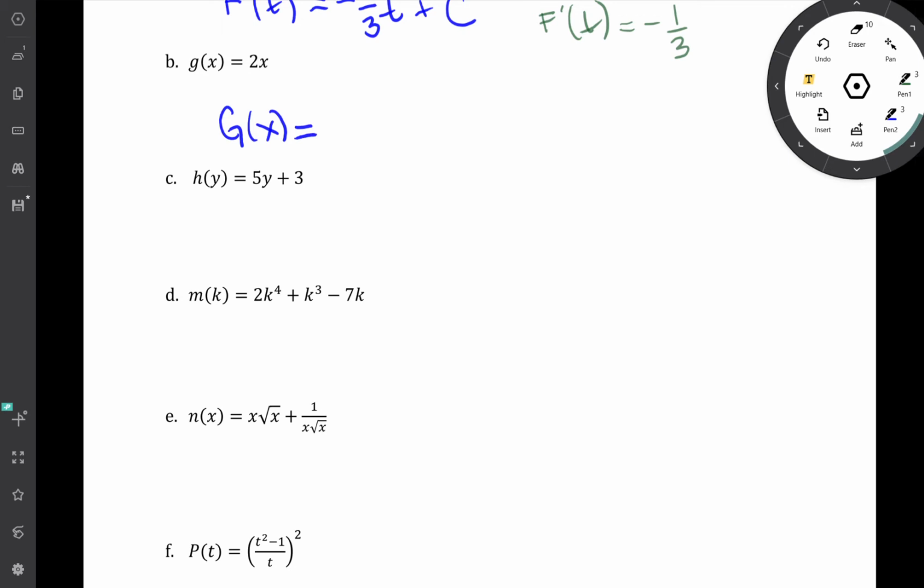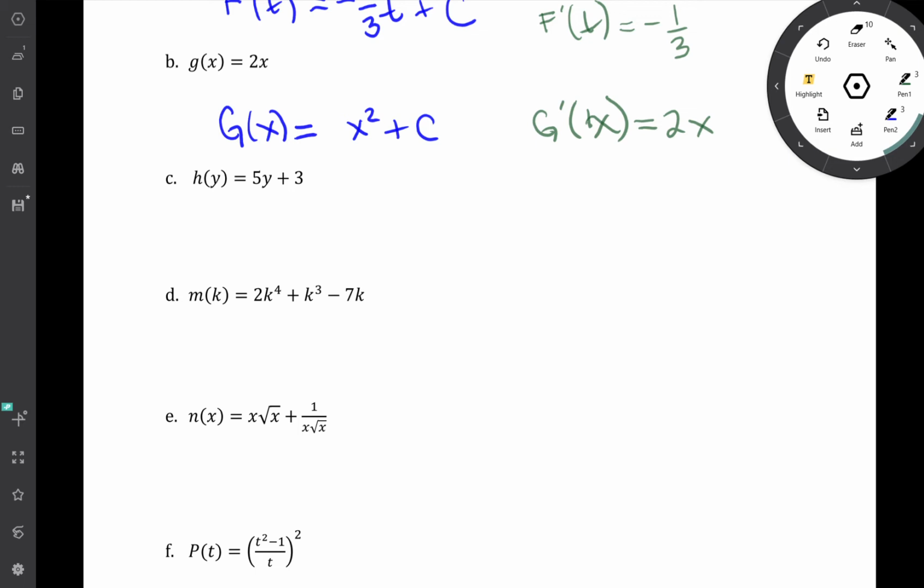But what I would be thinking here is if I take the derivative and I get an x to the first power, I better have started with an x to the second power. And it's good enough just to make a guess like that and then try your check. If I take the derivative of x squared, I get 2x. So I'm in really good shape already, except that I should throw in my plus c. So that's my answer for B.